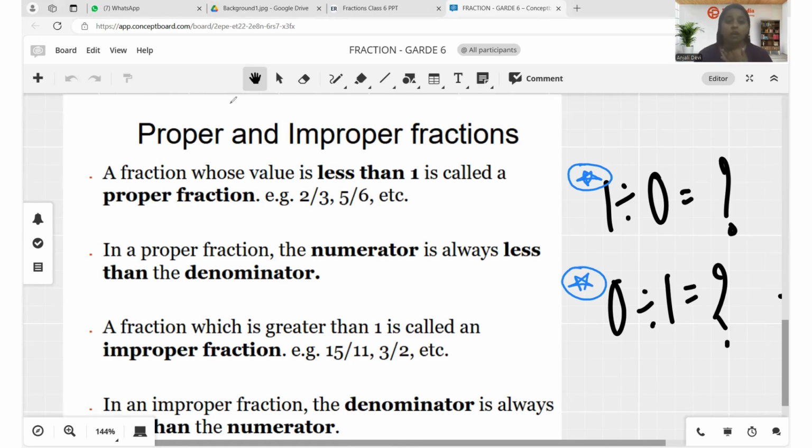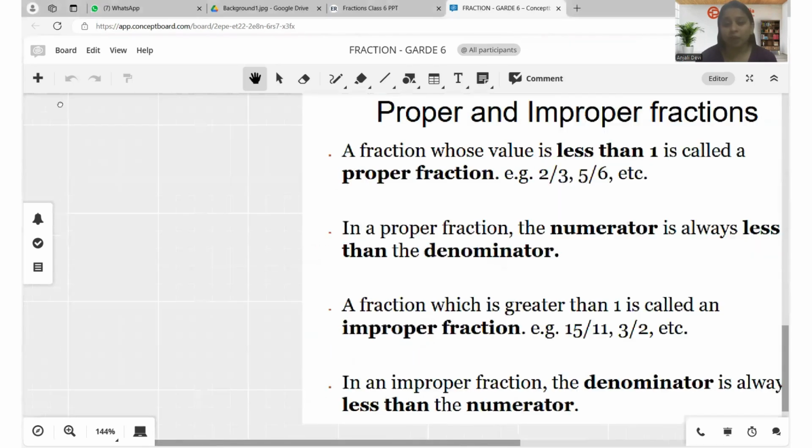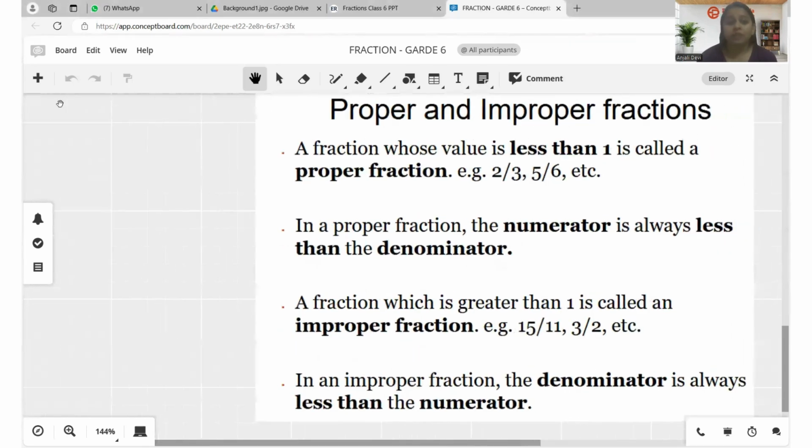All right, so we have proper and improper fractions. Proper and improper fractions are a very important part of fractions. Proper fractions are always going to be less than 1. In proper fractions, the denominator is always going to be bigger and the numerator is always going to be smaller.